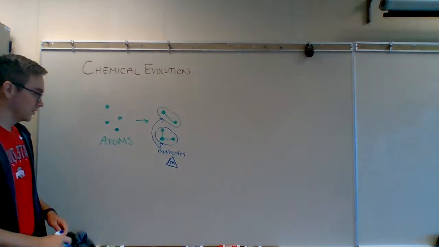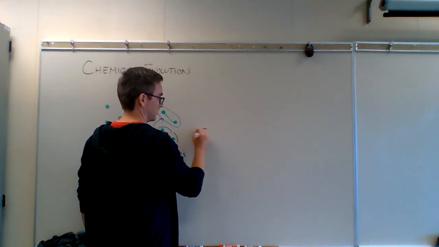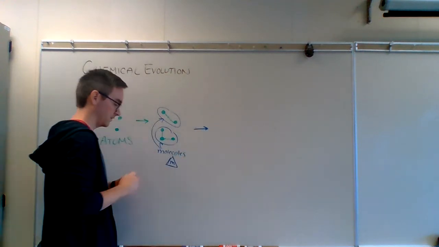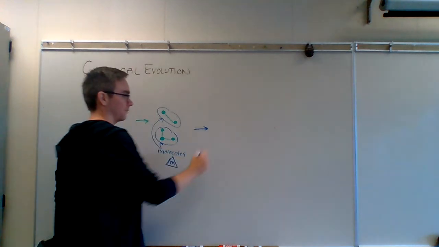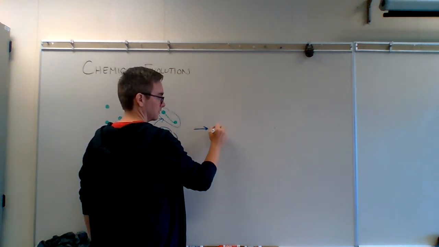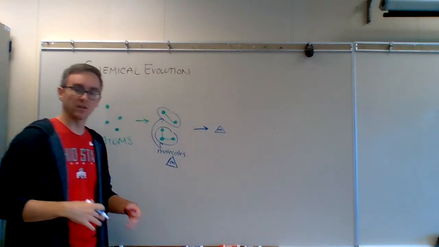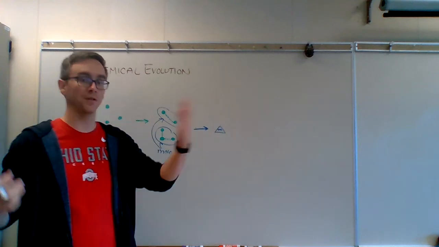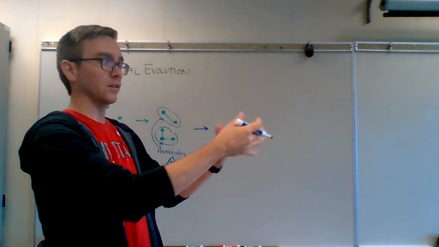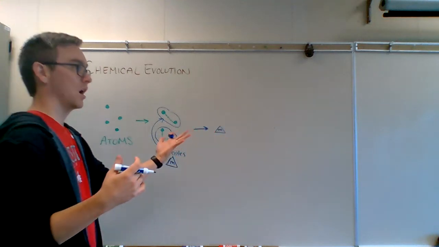All right, so once we start building our molecules, we have our molecule. Then these molecules start interacting with other molecules. Water molecules start interacting with other water molecules, or water with carbon dioxide, or oxygen with ammonia.